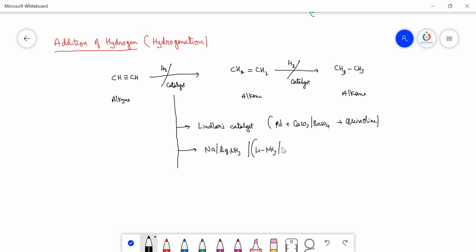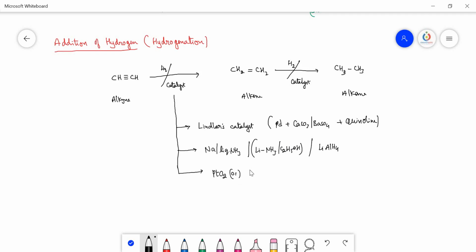Lithium in ammonia in the presence of ethyl alcohol, or else you can use lithium aluminum hydride as the reducing agent. And apart from this you can use one more catalyst, that is platinum oxide. Generally this catalyst we don't discuss.